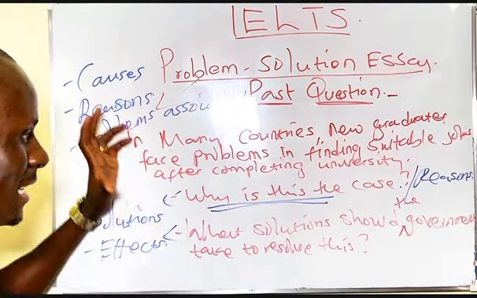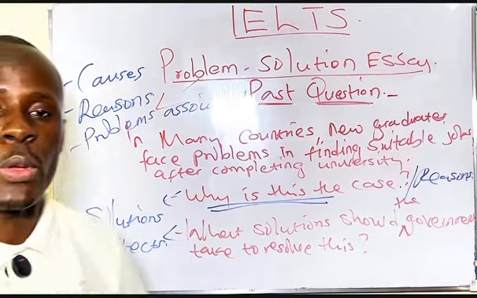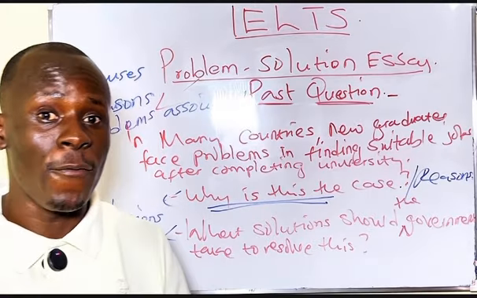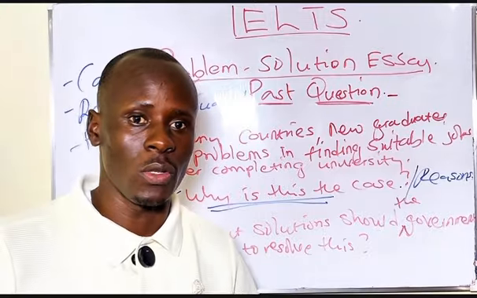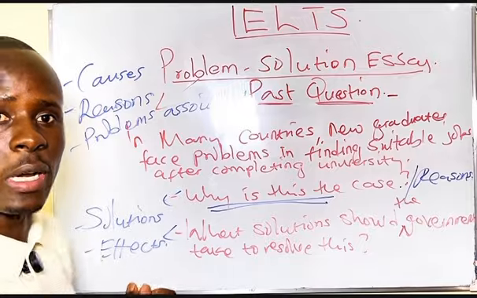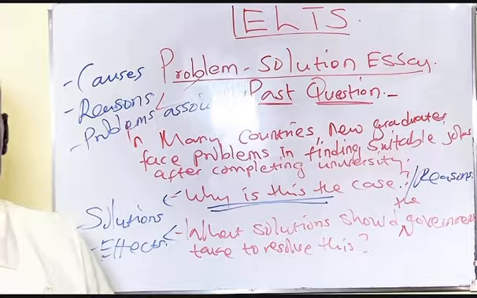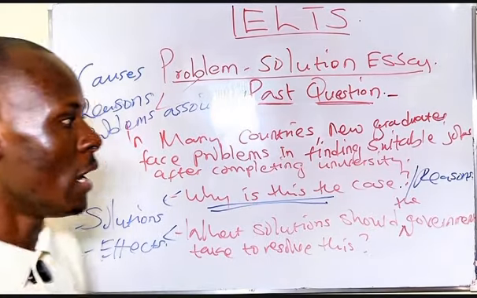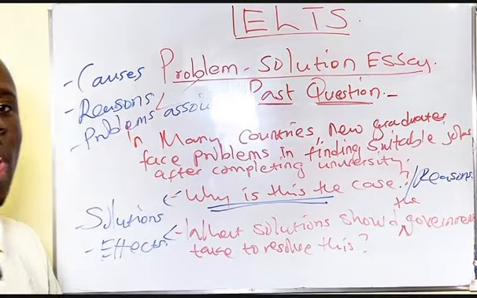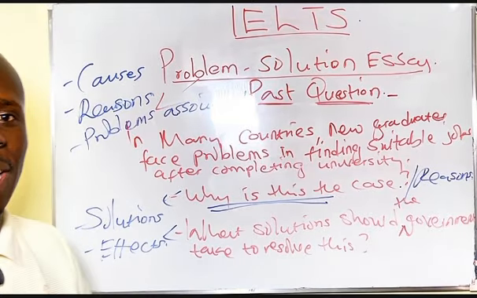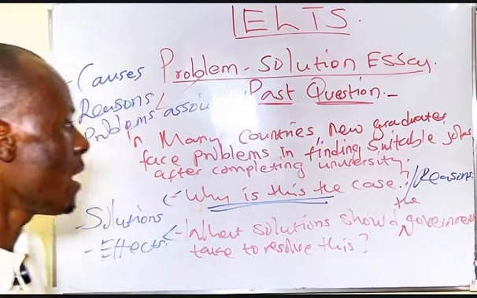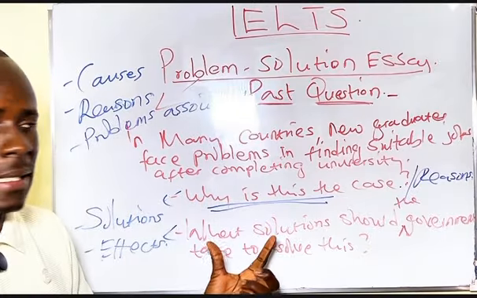I hope you understand how you can differentiate these question types: opinion essay, discussion essay, problem solution essay, advantage disadvantage, and two-part. Now, this is how we identify. The first step is to identify which type of essay this is.